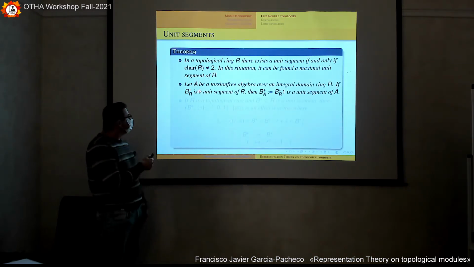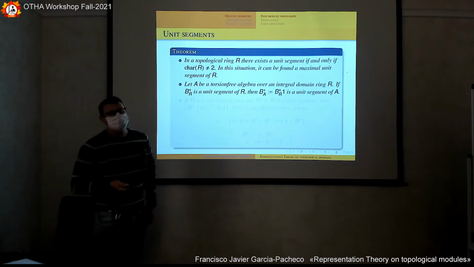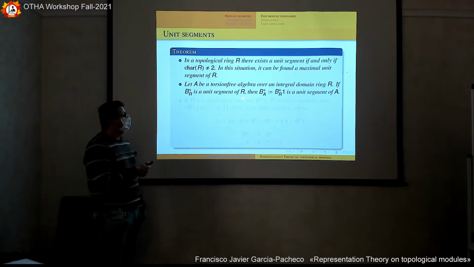This proposition allows us to construct many unit segments whenever in a topological ring the characteristic is different from 2. So if you have a torsion-free algebra over an integral domain, and if you have a unit segment in the underlying ring, then automatically you obtain a unit segment on the algebra.